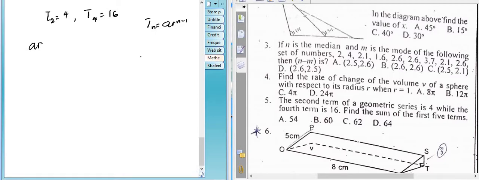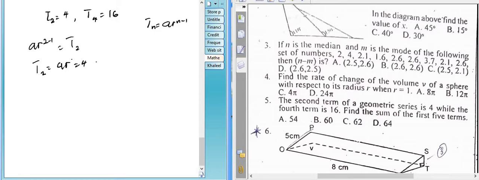So from this equation, for T2, that's 2 minus 1, T2 is equal to A R to the power 1, which is AR, which is equal to 4. That's equation 1.